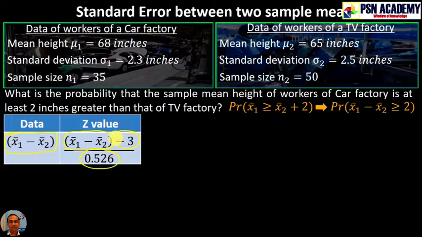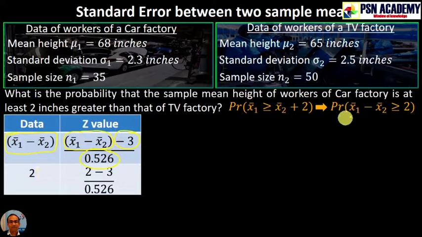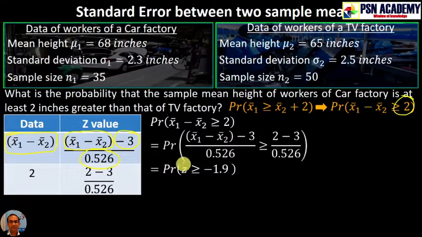The same thing you can do for the 2, which is on the right hand side here. That is 2 minus 3. You subtract 3 from 2 and divide that difference by 0.526 and you will get the corresponding z value of 2.